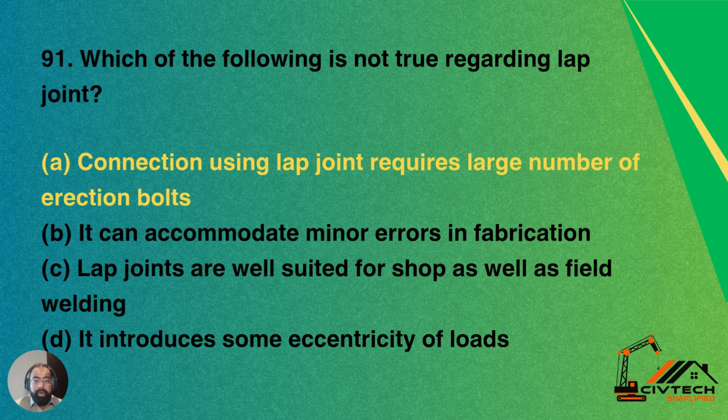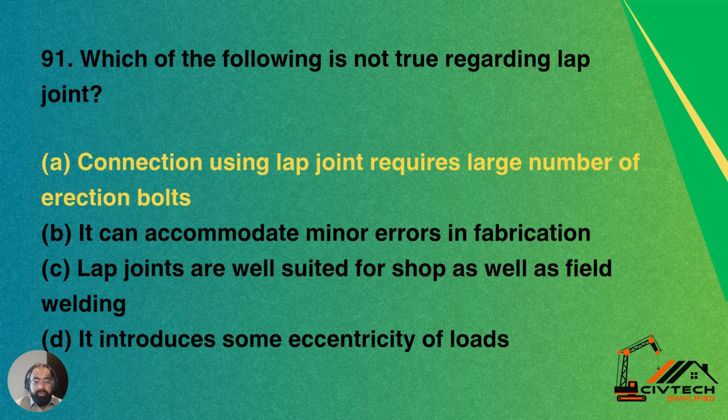Question 91. Which of the following is not true regarding lap joint? Now we have to select a false statement about lap joint. Option A. Connection using lap joint requires large number of erection bolts. Option B. It can accommodate minor errors in fabrication.